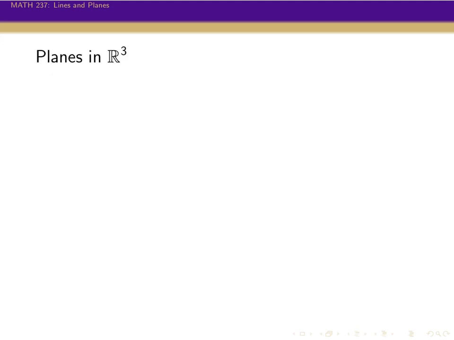So what about planes in R3? Okay, so if we have some plane, it's just some flat space in R3, we can even take some point on it, call it x naught, y naught, z naught.